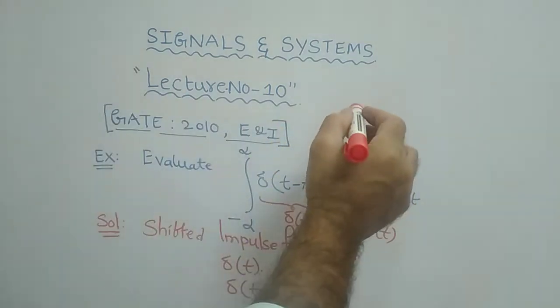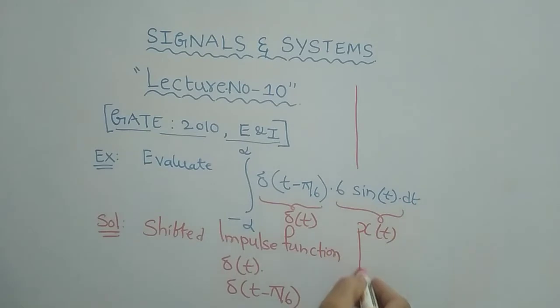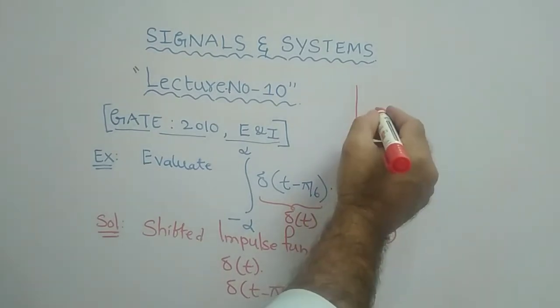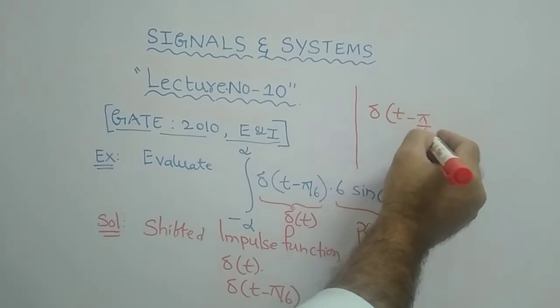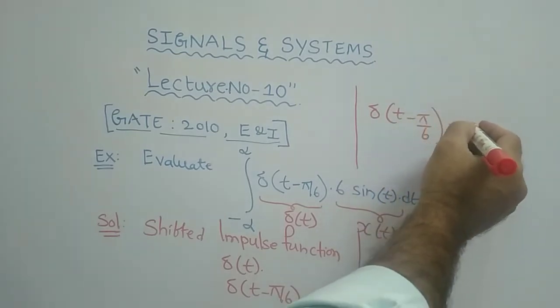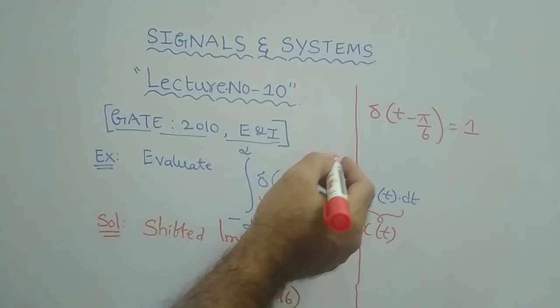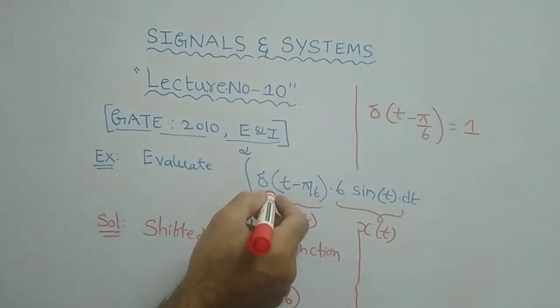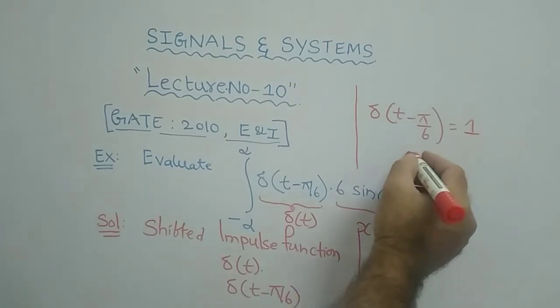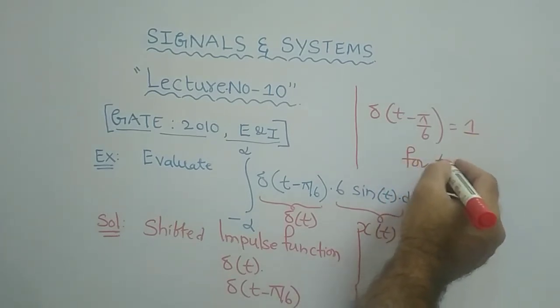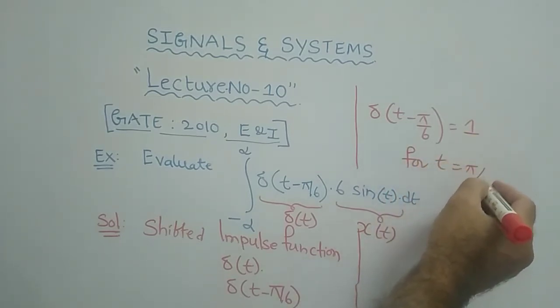Your delta of t minus pi by 6 becomes 1 for t equal to pi by 6.